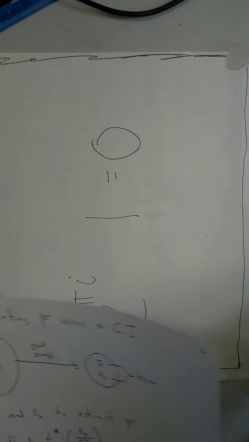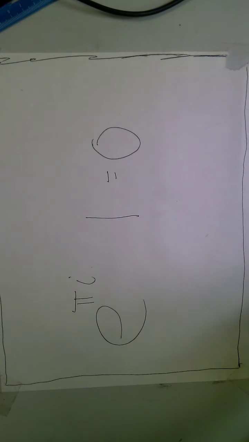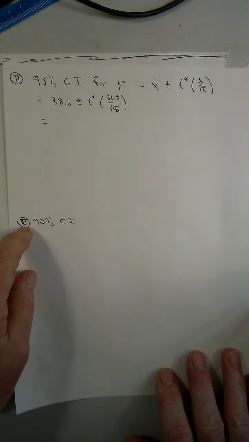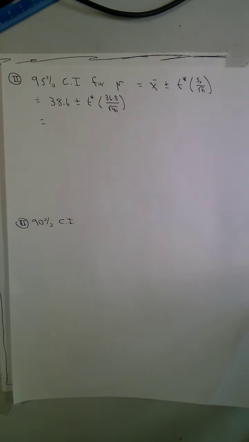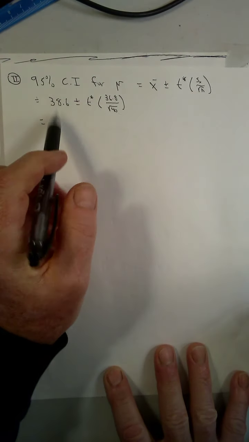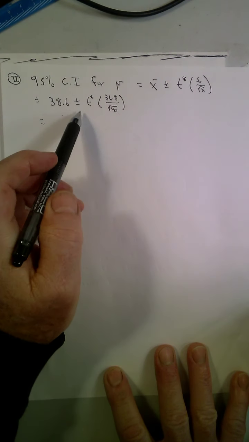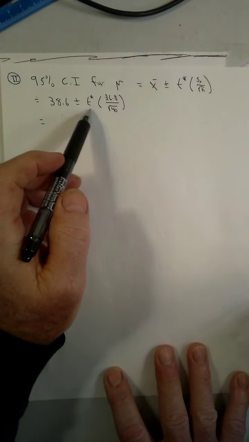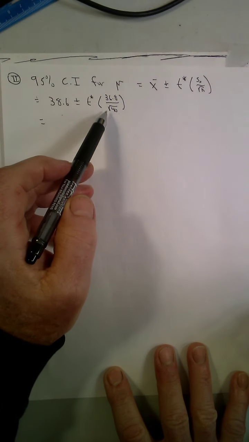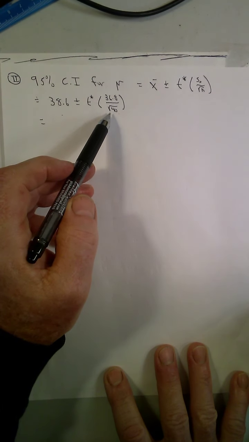And once I check the conditions, I can make the confidence interval. Let's do a 95% confidence interval. So the formula is your guess, which is the sample average, plus or minus t star times the sample standard deviation divided by the square root of the sample size.